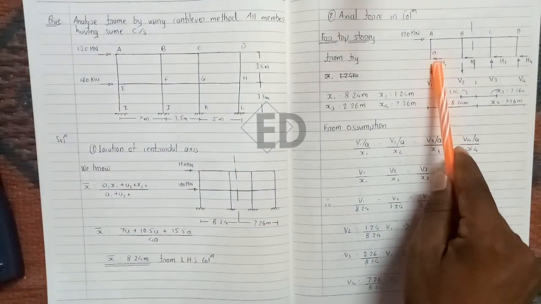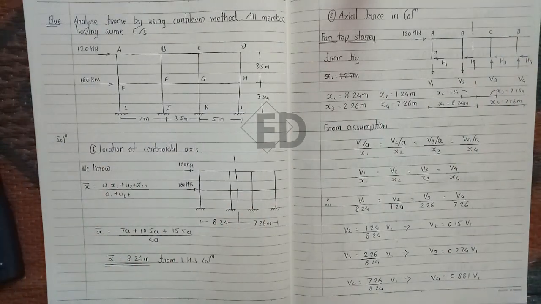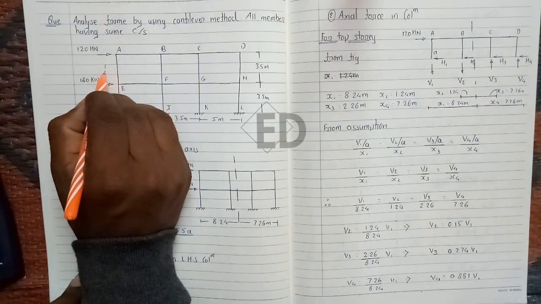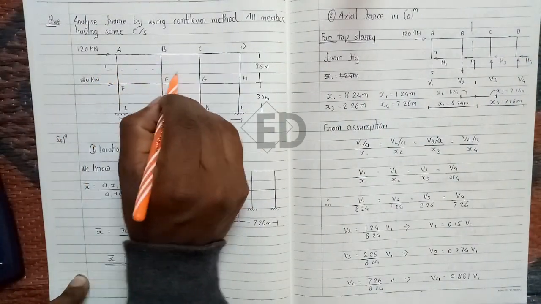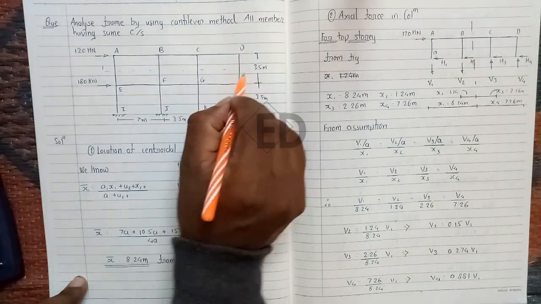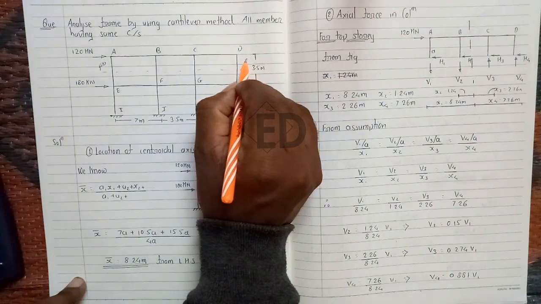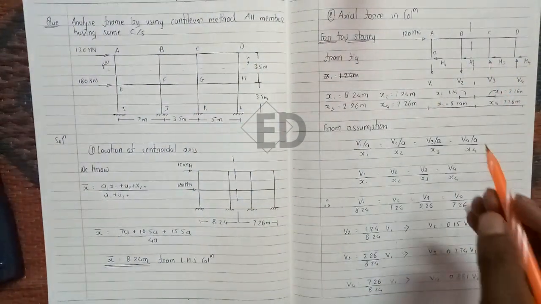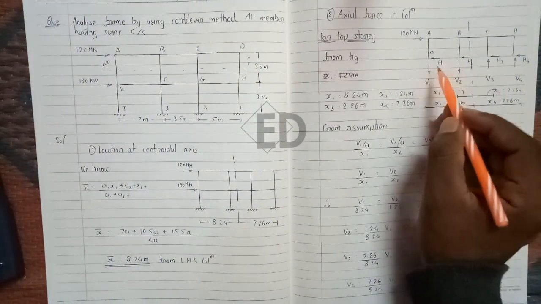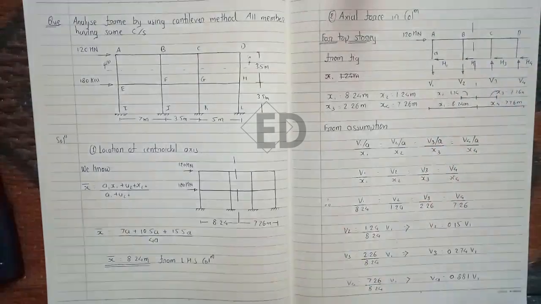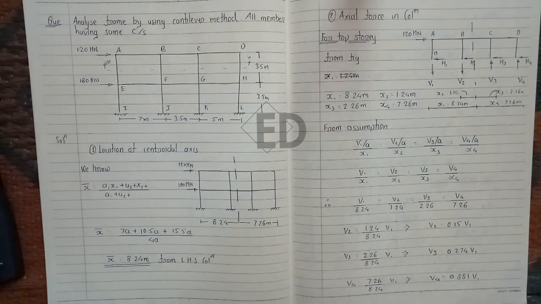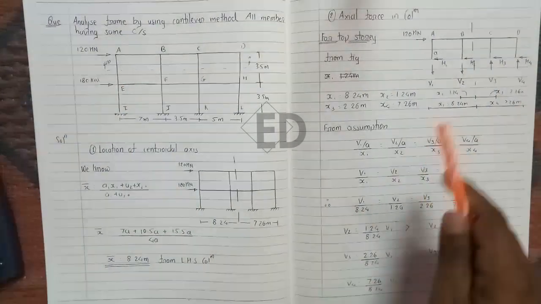Suppose the section passes through the mid of the span, because the point of contraflexure lies there.